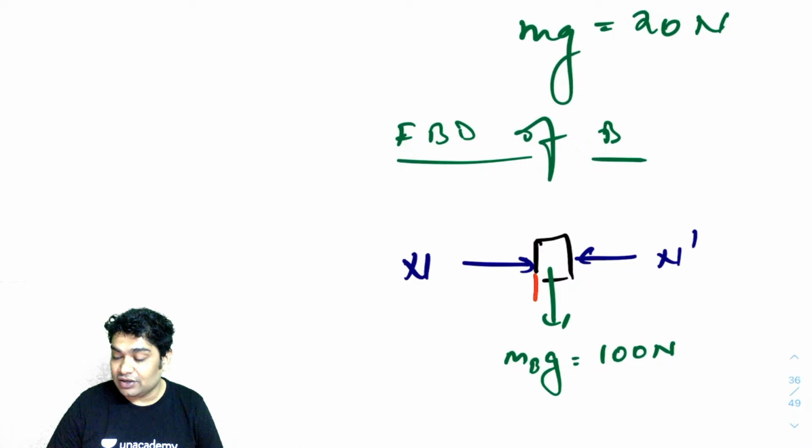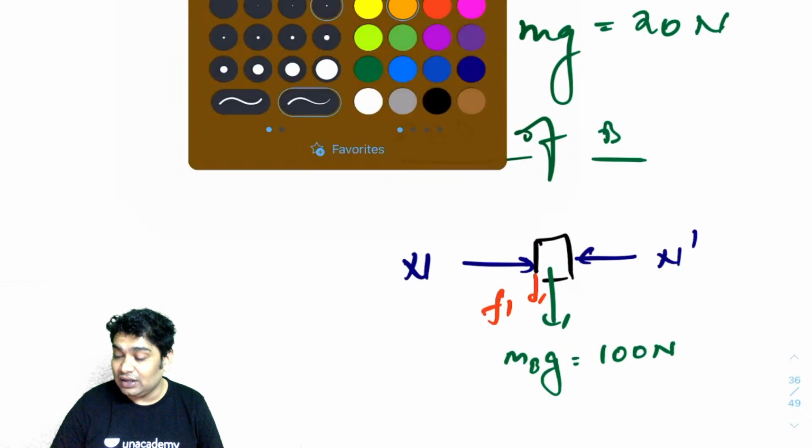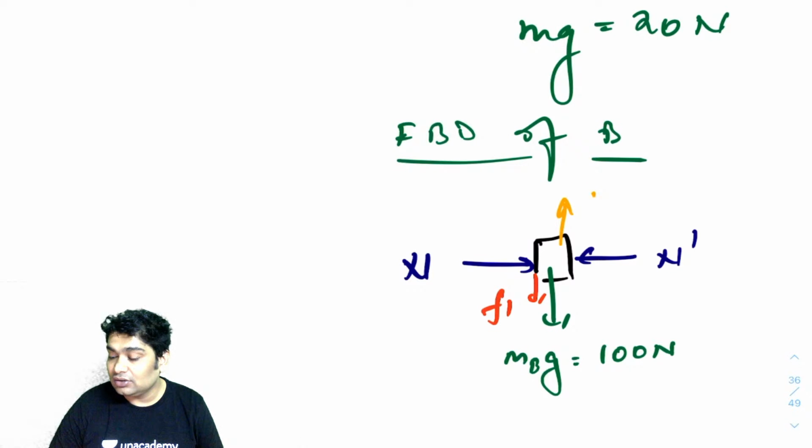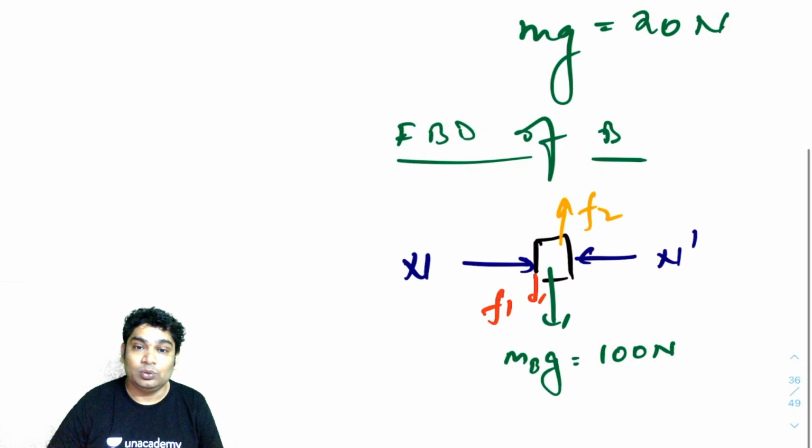So you realize it would have been an F1 force in the downward direction. So friction from A on B would have been in downward direction. Now you realize there are two forces in the downward direction, and to balance this, the friction from the wall must come in the upward direction.